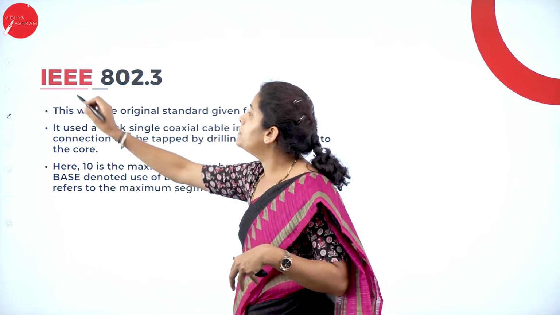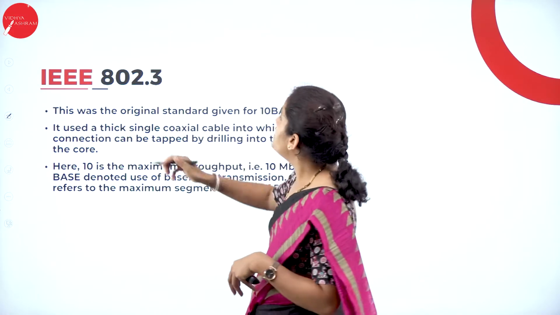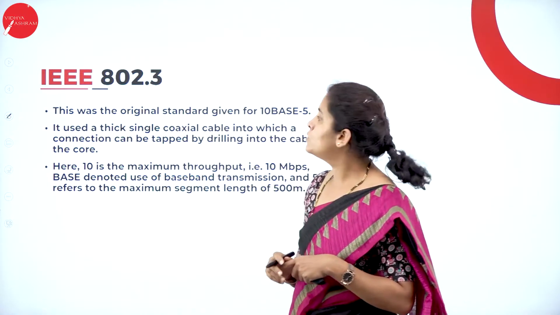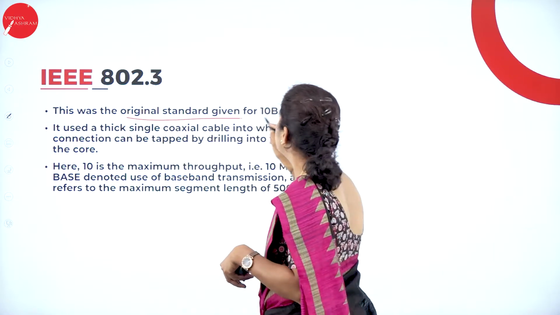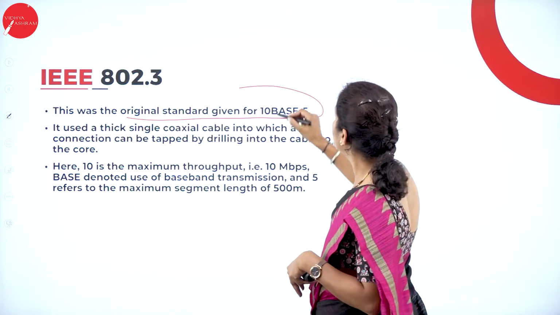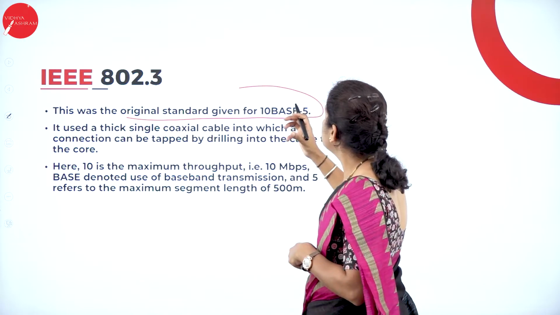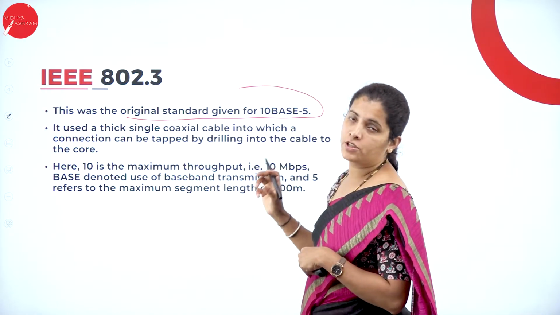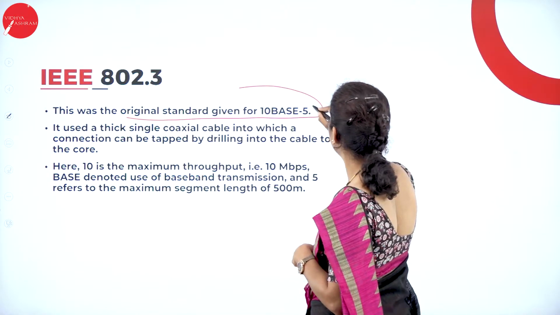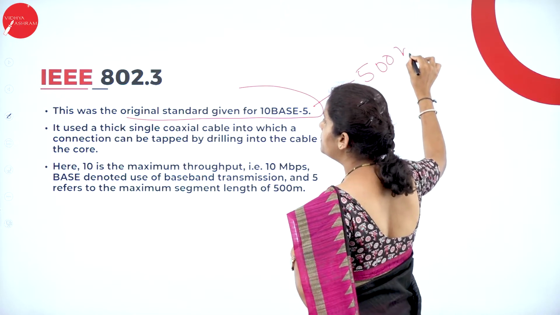Moving further, once again, we are going to get the IEEE standard. So, what is the IEEE standard? That is IEEE 802.3. This is the original standard for 10 base 5. So, here 10 is your data rate, base is baseband transmission and 5 is the segment length, it is 500 meter.